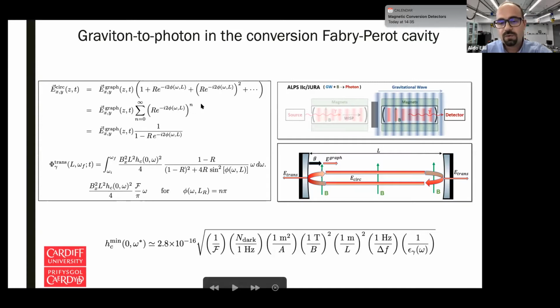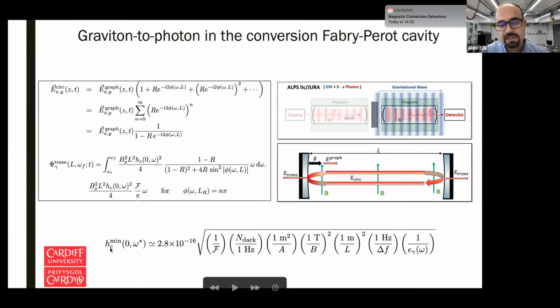And when you compute the graviton to photon conversion in the cavity, when it matches the resonance of the cavity, you can clearly see that the transmission flux out of the cavity is boosted by the factor F, where F is a parameter of the cavity that depends on the reflectivity of the mirror, and this F can be tuned to be as high as possible.